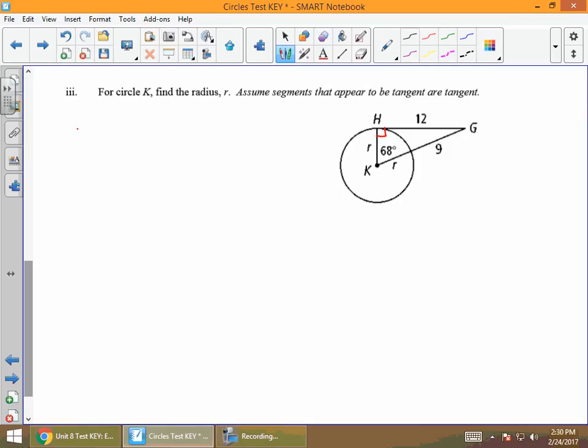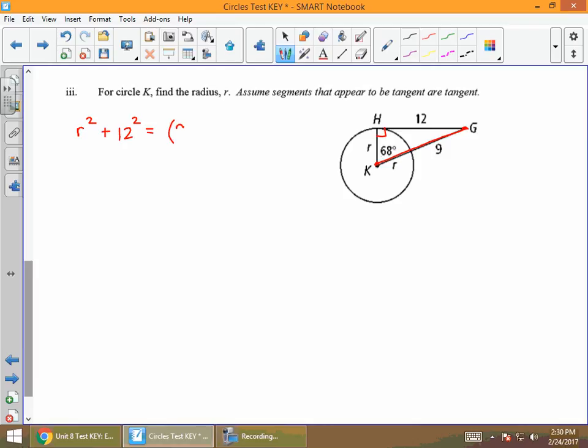So the legs are r, so r squared. The other leg is 12. So r squared plus 12 squared has to equal the diameter, I'm sorry, the hypotenuse. This is the hypotenuse from K to G, and that is 2 segments.